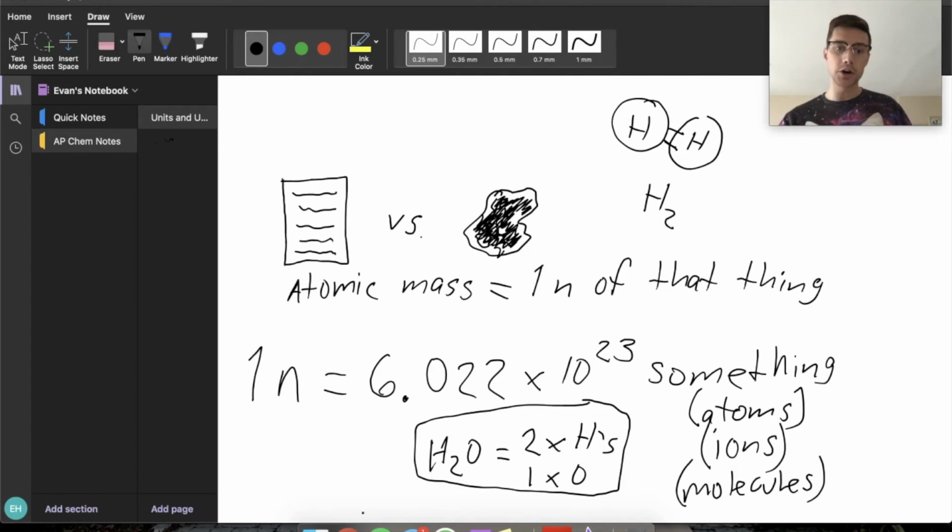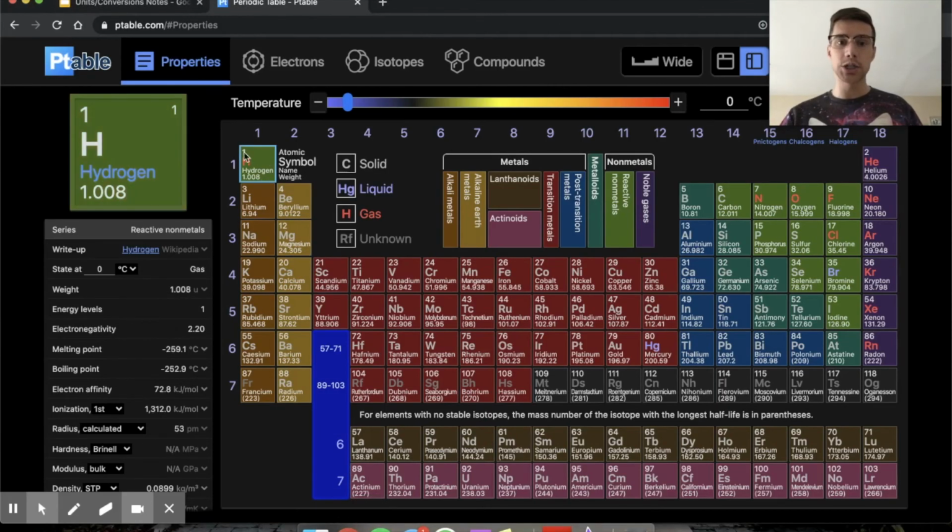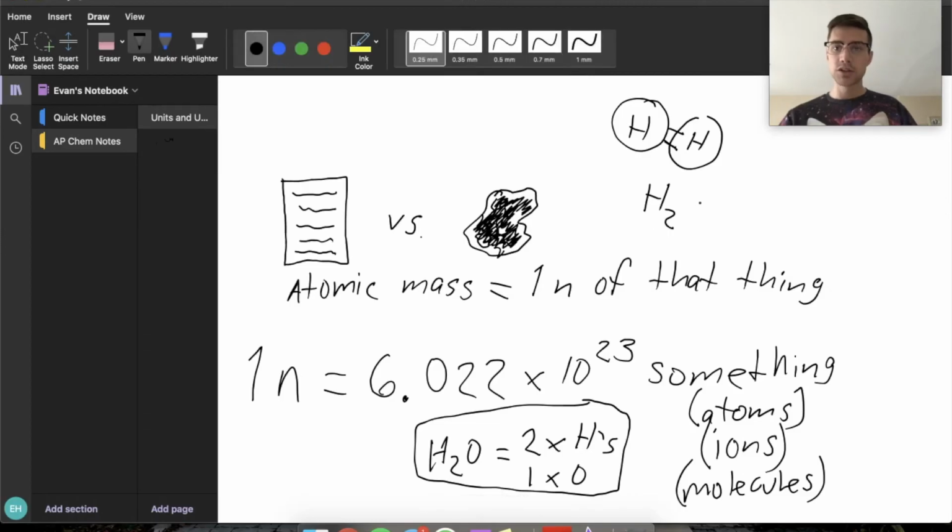Because there are two atoms of hydrogen in that molecule, the atomic mass is two hydrogen atoms put together. Usually we round hydrogen to 1.01. So this would be 1.01 plus 1.01, which is 2.02.